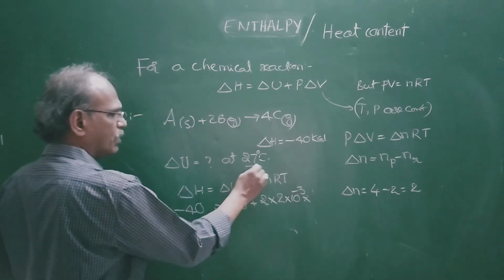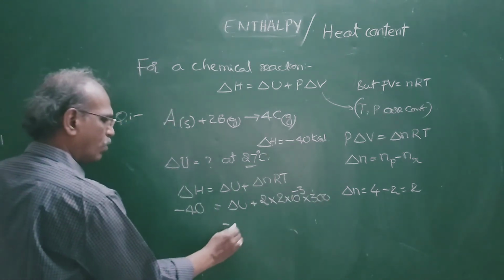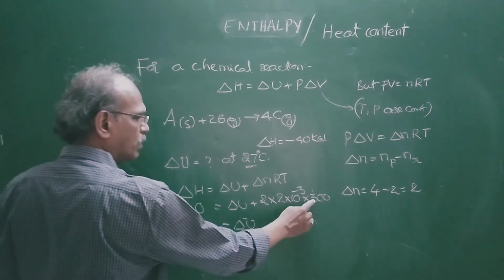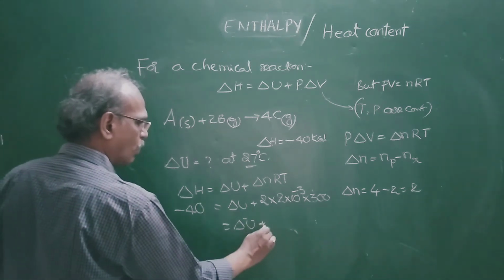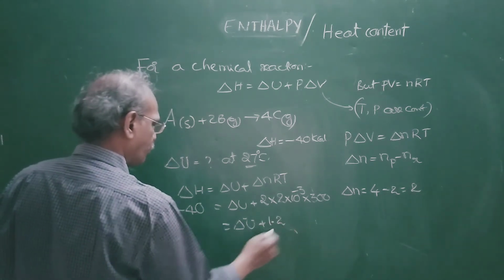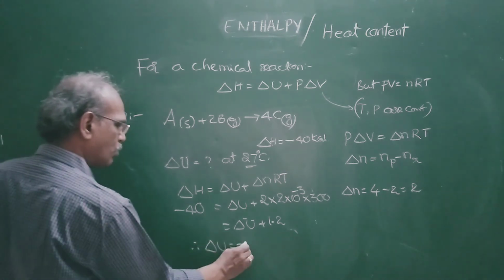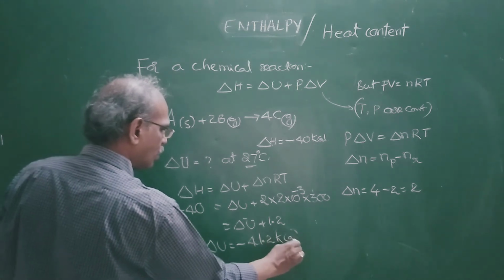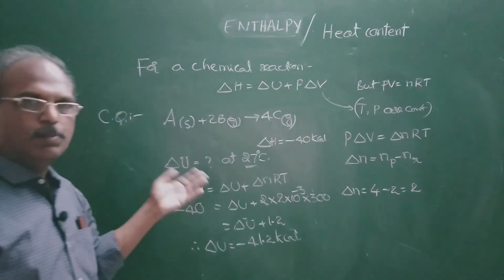Temperature in Kelvin scale, so 300. So this is equal to delta U. So 2 into 3, 1200 by 1000, so 1.2. Therefore delta U is equal to minus 41.2 kilocalories.